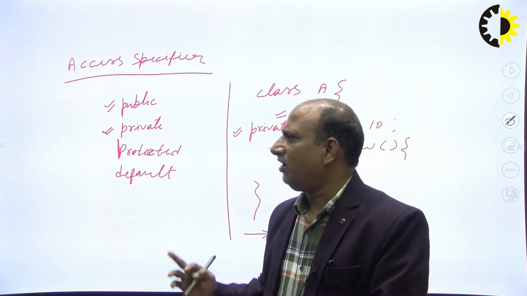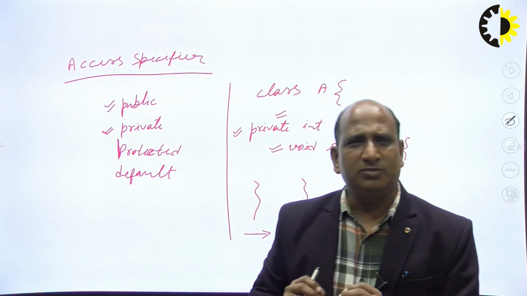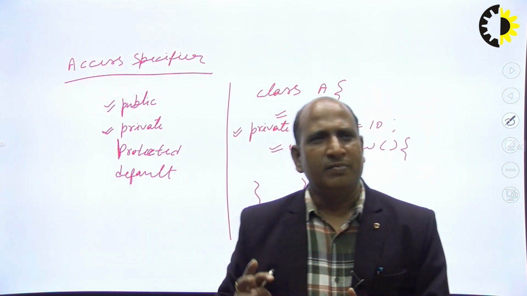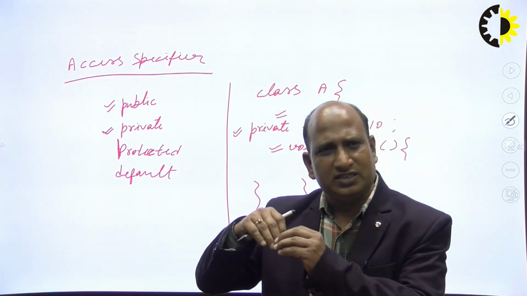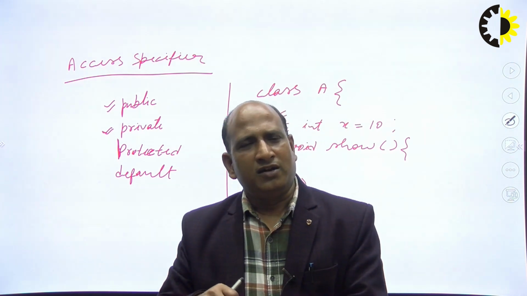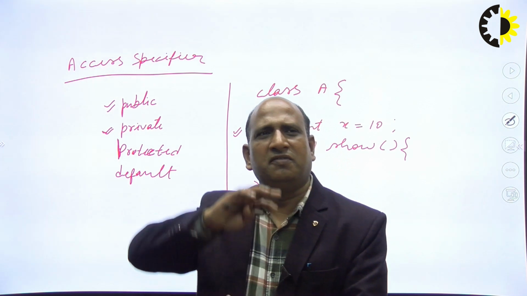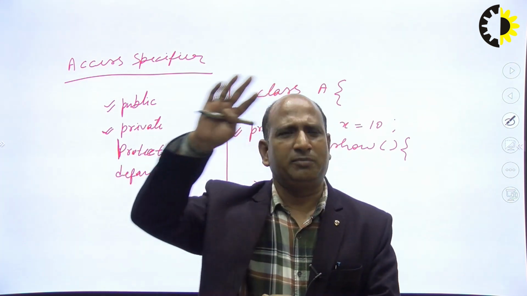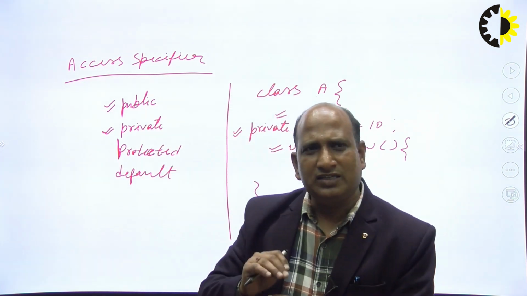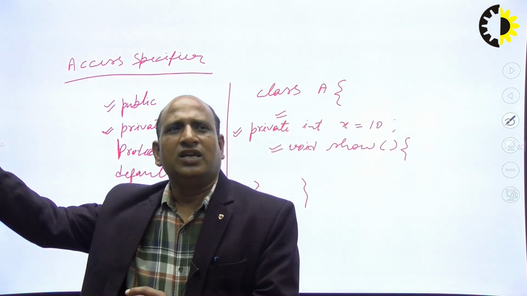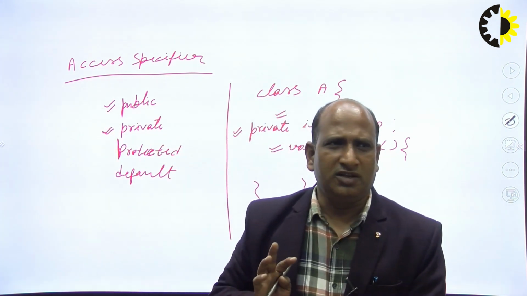And default: if a member is a default member, then it will be accessed within the class and in the subclass, but that subclass must be within that package only. If that subclass is outside that package, the default member may not be accessed.